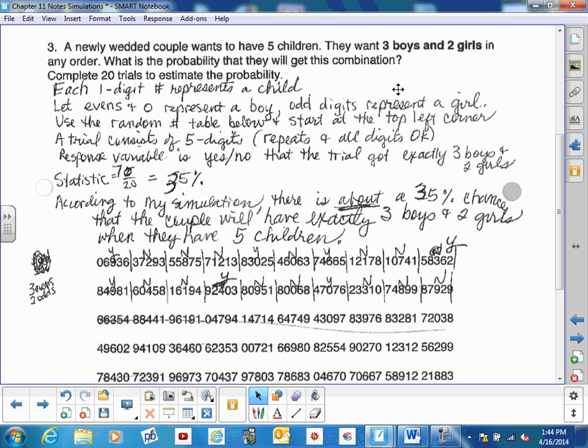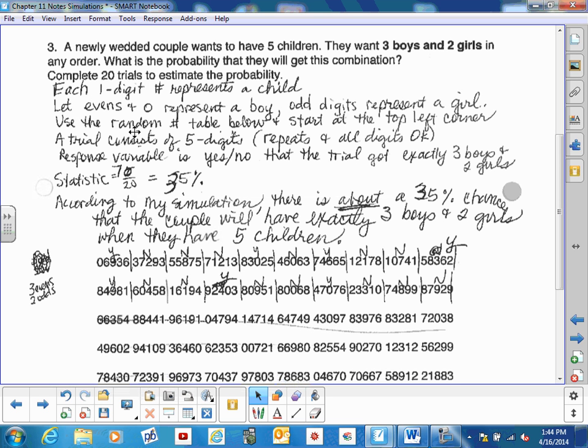Okay. I did evens and 0 represent a boy. Now, if you had done the opposite, strangely enough, it actually still came out exactly the same if you had switched the evens and odds for the girls. I think that was a coincidence because it's not like each group had 2 or 3 of each one of the other, but anyway. So use the random number table below and start at the top left corner.